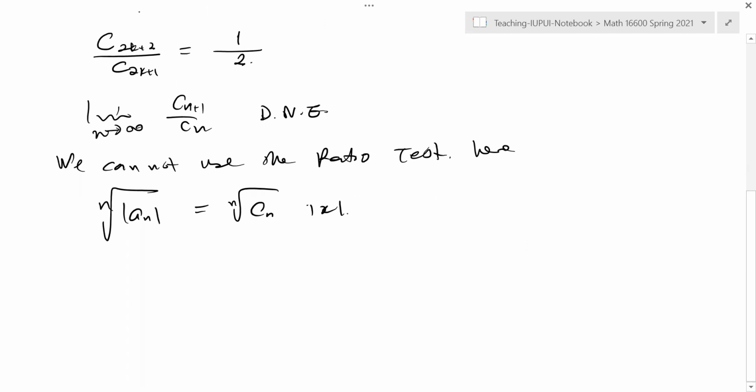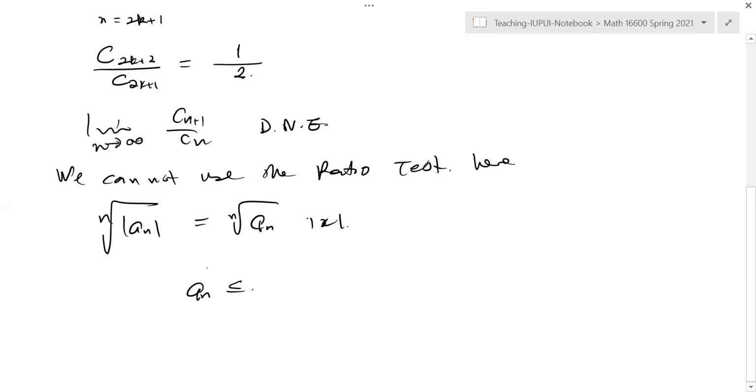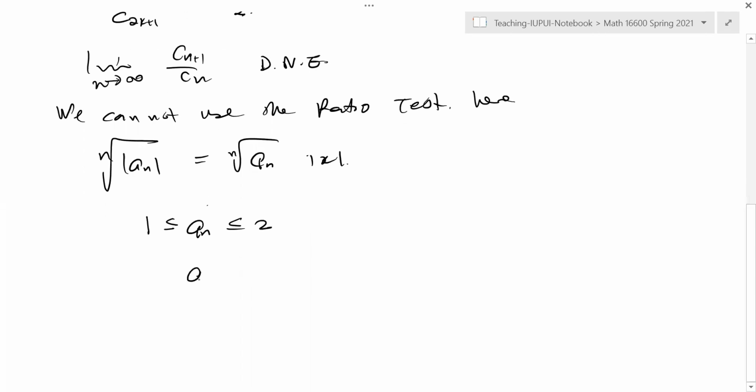As we see, c_n is either 1 or 2, so it's between 1 and 2. Do you agree with that? It just jumps between 1 and 2. That's fine. So the nth root of c_n is between 1 to the 1/n and 2 to the 1/n.